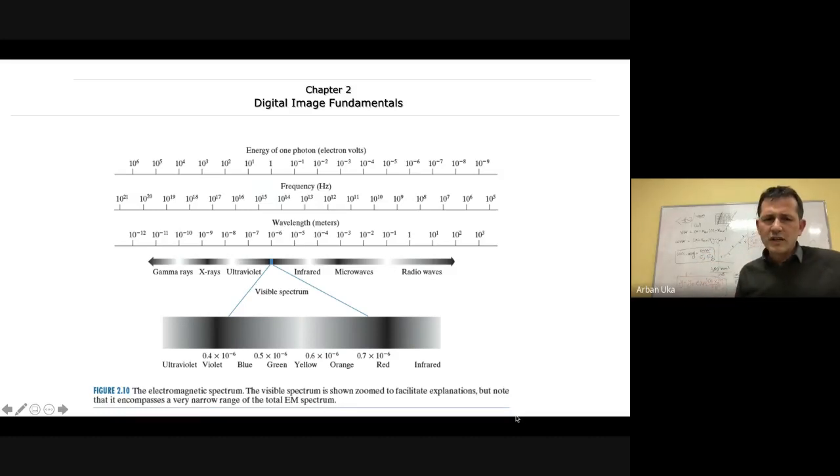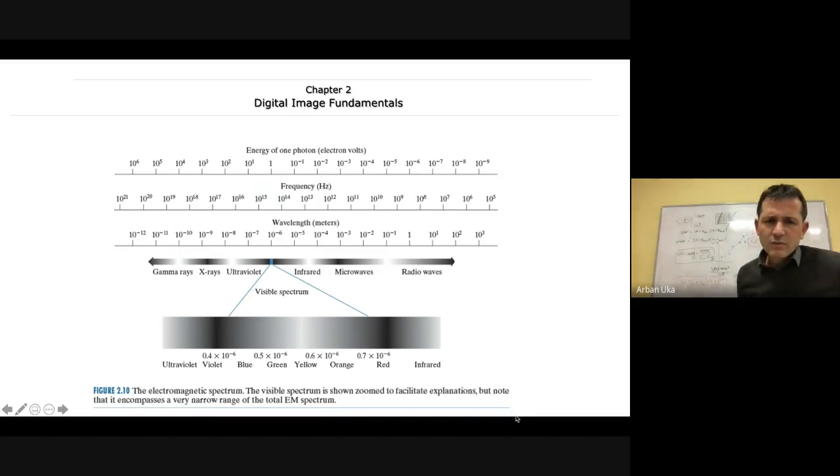The spatial resolution is inversely dependent on the wavelength, which means that if we use a shorter wavelength, we have a high resolution. For example, the visible spectrum, which you can see somewhere in the middle of this slide, is between 0.4 micrometers and 0.7 micrometers, from the blue to the red.